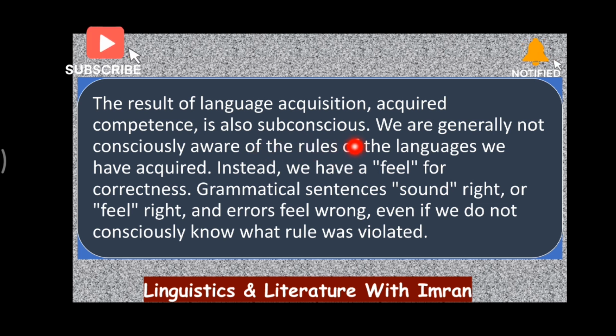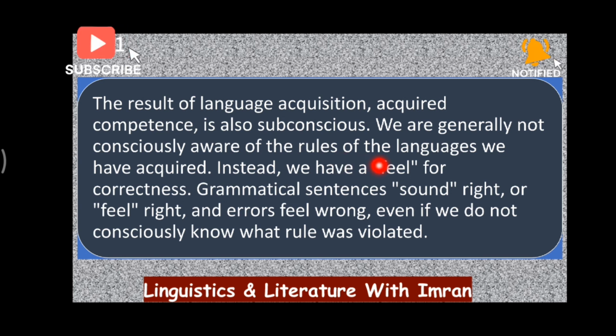You speak a language, being a native speaker of a language, or maybe you use another language. You have competence in that language. You are well proficient. But that competence you acquire along with the language unconsciously, or through a subconscious process.